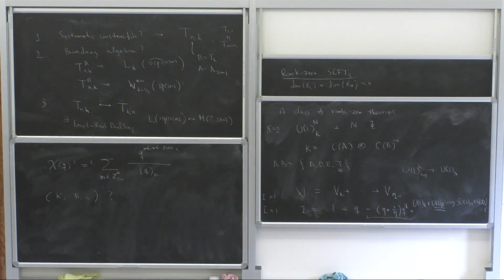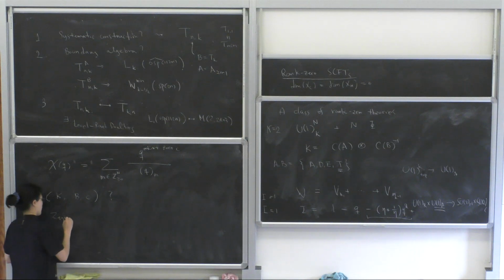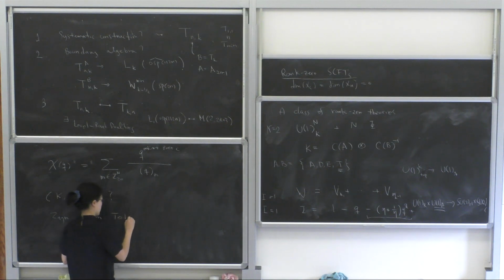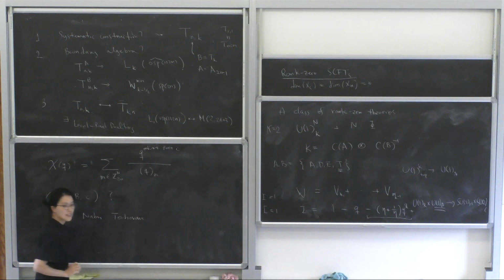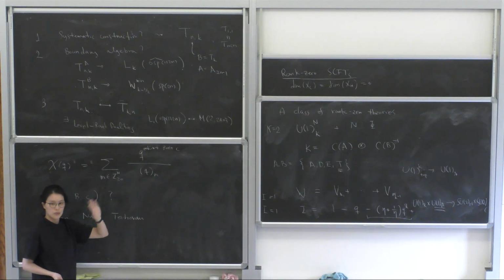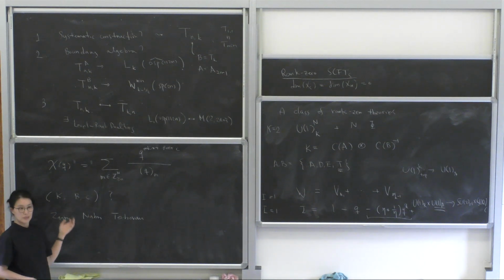This question was actually asked by Don Zagier and Nahm in the early 90s, and it is still an open problem, but we have some classification. For example, when n is 1, 2, 3, it's almost fully classified, and there are actually not many examples where this becomes modular.